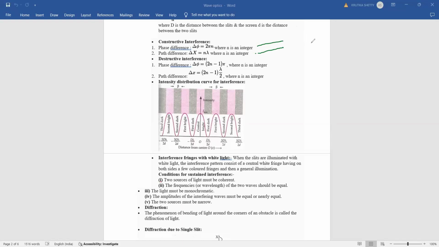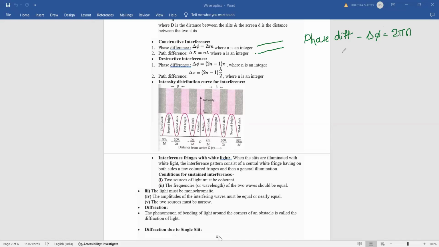For constructive interference, the phase difference is given by delta phi is equal to 2 pi n. Here n is an integer, taking values 0, 1, 2, 3, and so on.